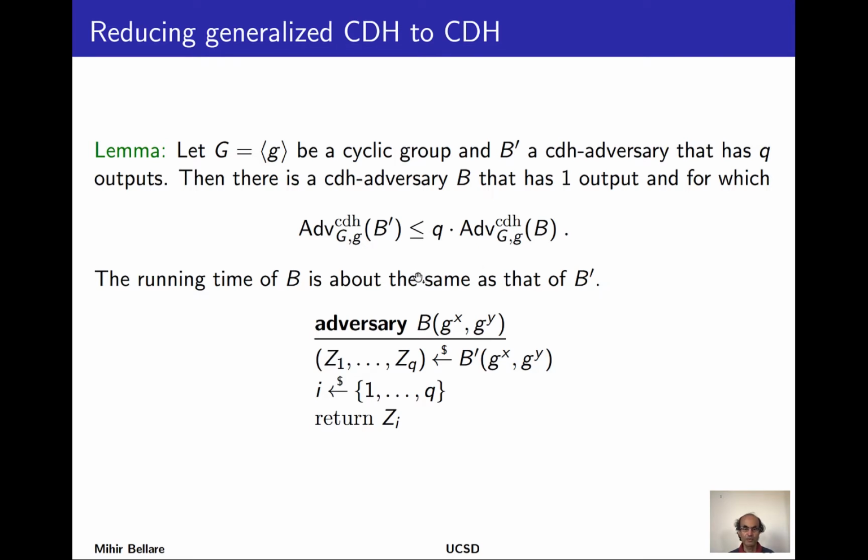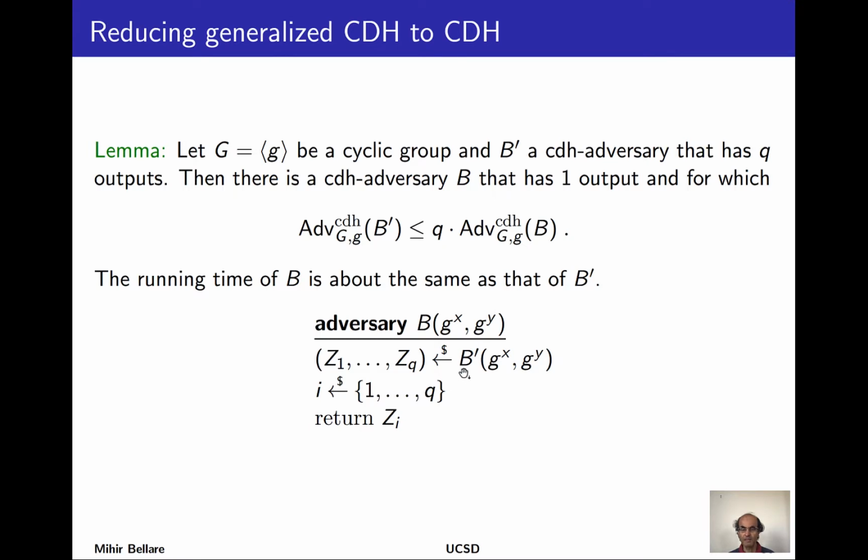The proof has to give a design of B, and it turns out that it's really quite simple. All that you have to do to design B is that B will simply pick at random one of the Q outputs that B prime returns and use that as the single guess that it's allowed. So B also gets input g to the x, g to the y. It needs to find g to the power xy, and it has only one shot at doing so.